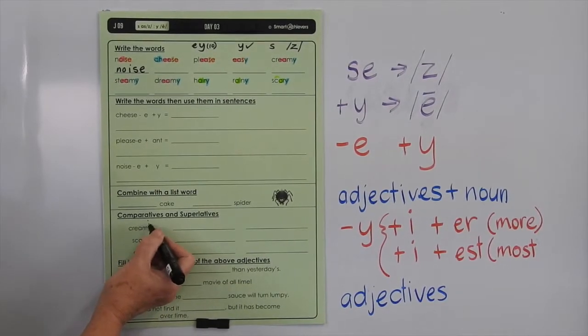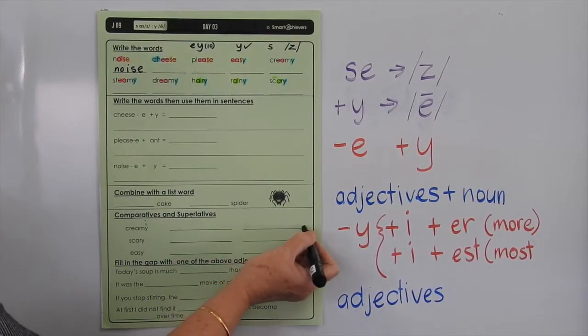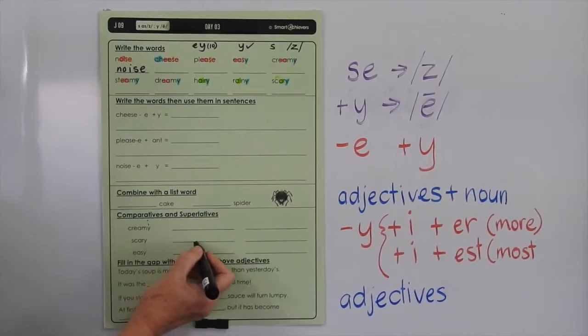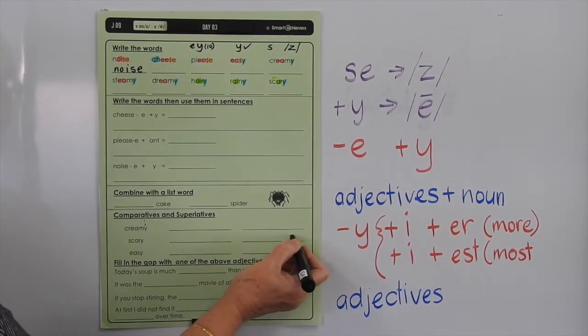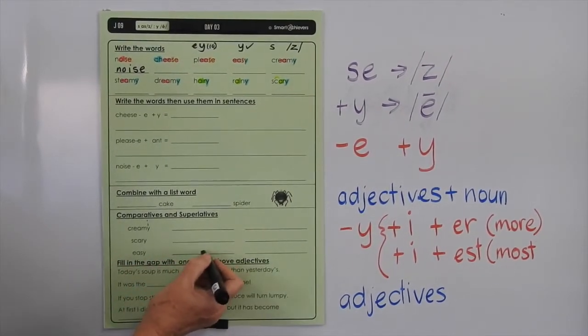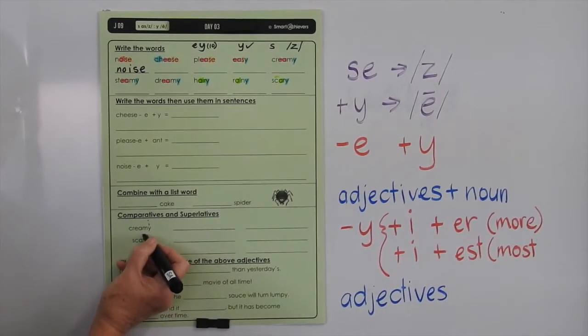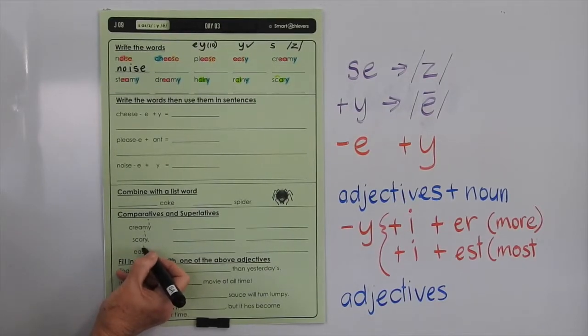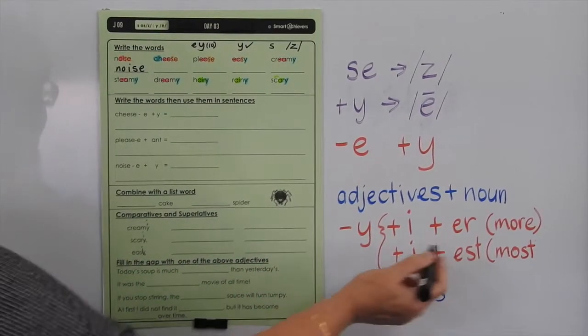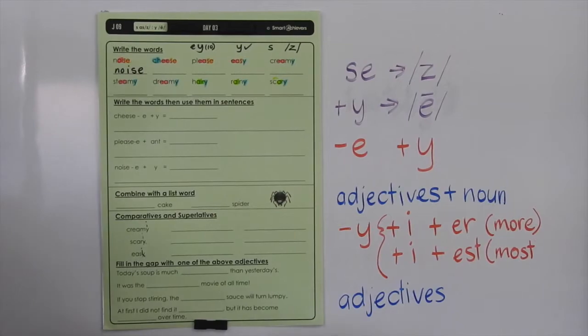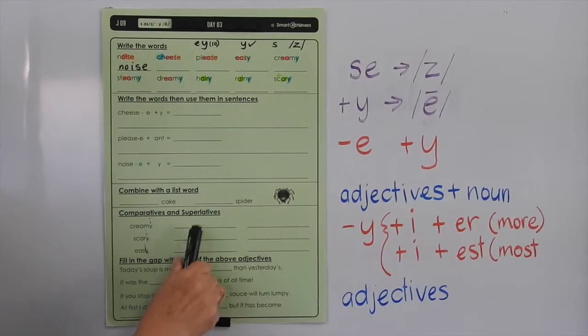So it'd be creamier, creamiest. Scarier, scariest. Easier, easiest. So don't forget to change that Y to an I in each of them before you add the ER and the EST to make them mean more or the most.